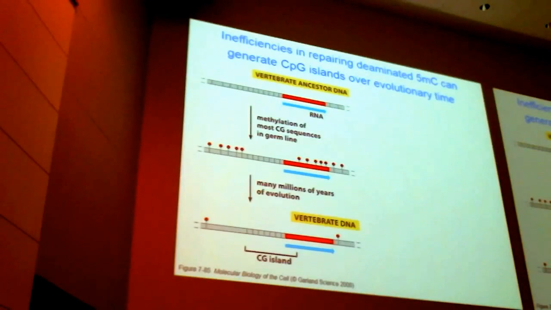So now UG can be recognized by DNA glycosylases and then repaired through base excision or homology-based repair. But T is a natural base that's found in DNA. So it is not repaired using DNA glycosylases and is instead repaired using mismatch repair. It turns out that repairing this is inefficient, and this is repaired efficiently.